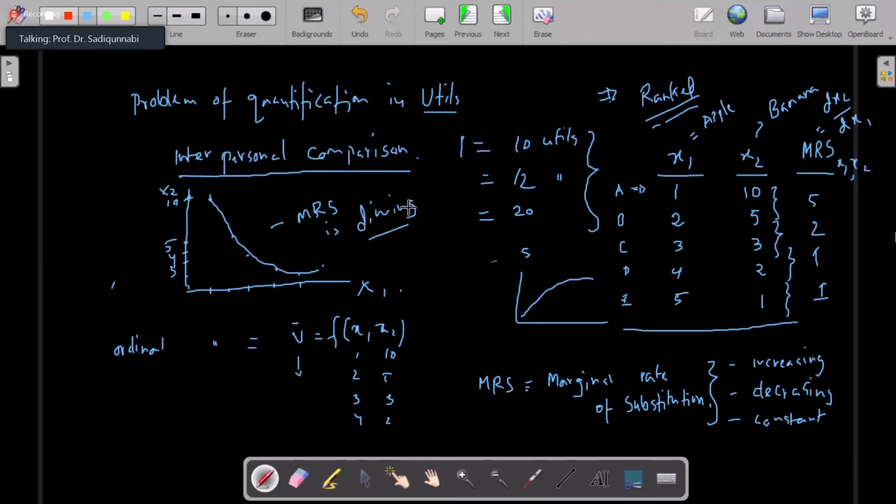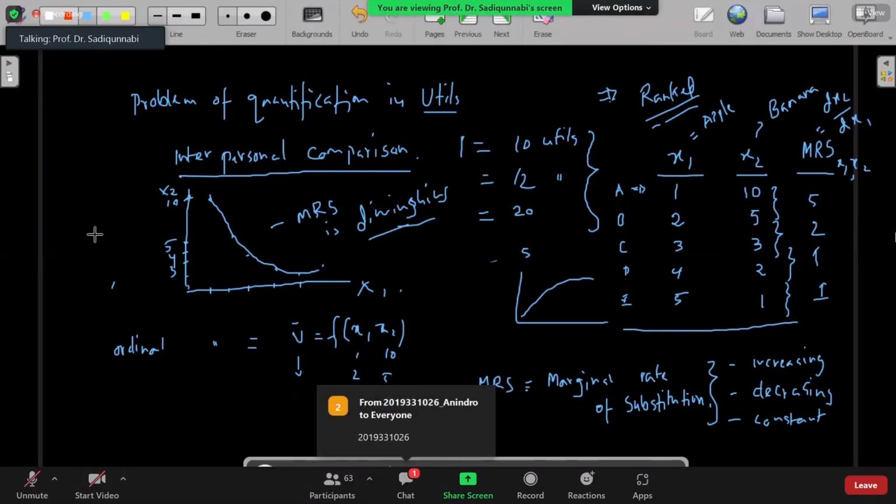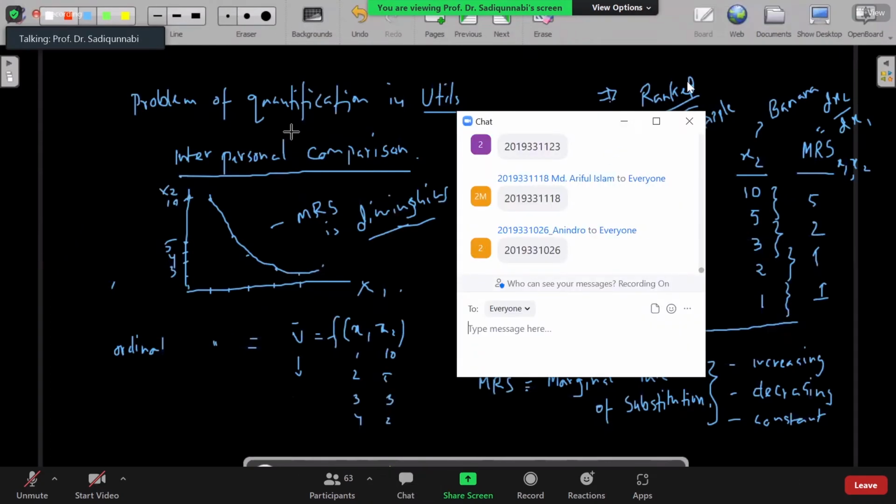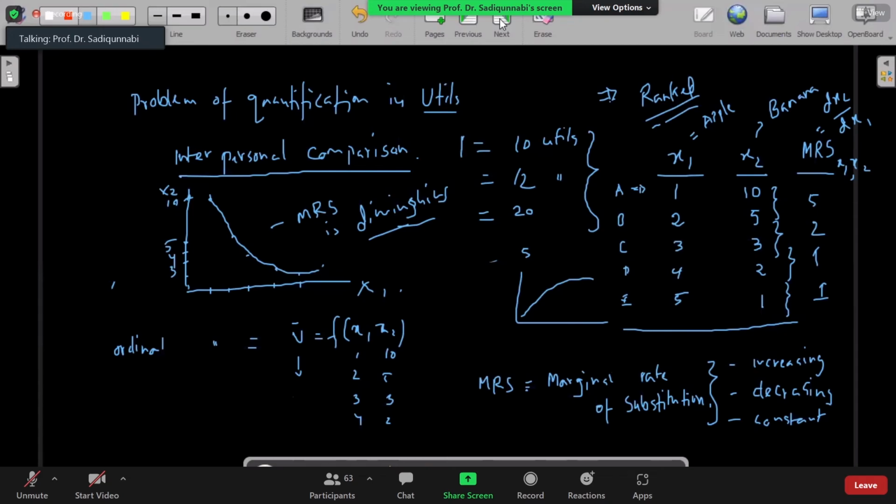Now tell me, when MRS is increasing, what could be the shape of the curve? It is concave. And when MRS is constant, suppose 10, 10, 10, 10, it is a straight line. I suppose you understood very clearly.